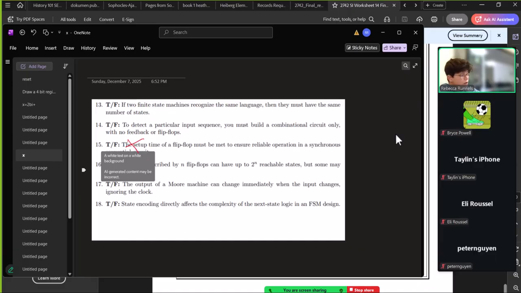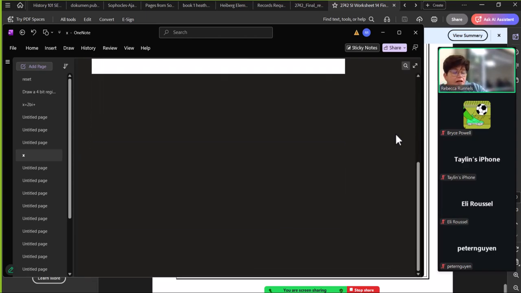State encoding directly affects the complexity of the next state logic in a finite state machine. What that's saying is, when you set up your machine, your state diagram, and you make your table, you say, I want A to be 0, 0, B to be 0, 1, C to be 1, 0, and D to be 1, 1.